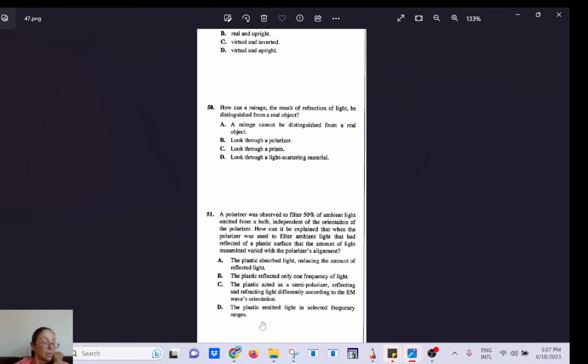So this question is exactly the same. So the answer is B. So a polarizer, these are like sunglasses.